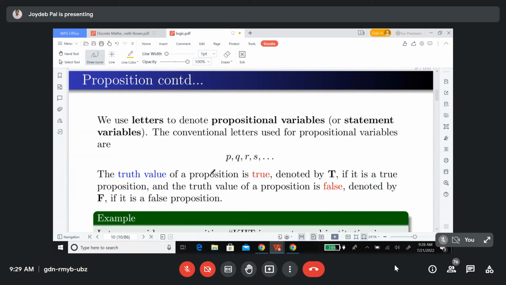If we want to write a program based on some mathematical statements, computer program I am telling, then do we write English sentences in the program? No, sir.